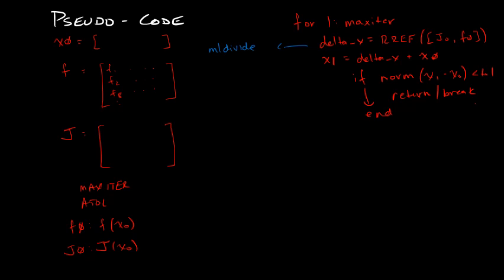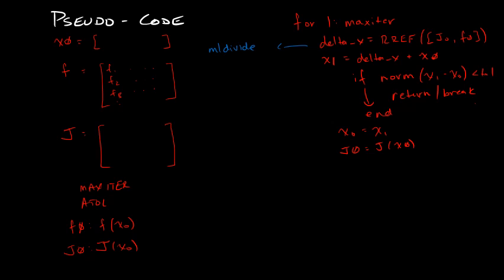If it doesn't meet the tolerance, i.e. the difference is still quite large, then we need to keep going. At this point, we want to reset our new x0, which is equal to x1, and that way we can get back into our function up here again. I have a new j0, so we need to reset that.